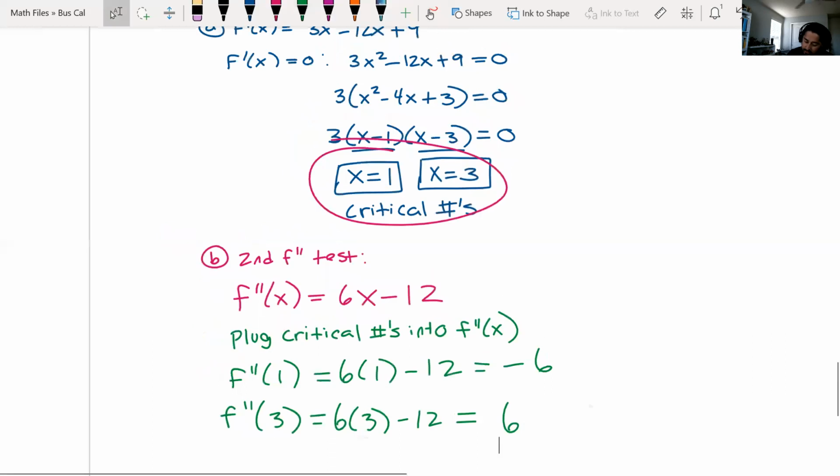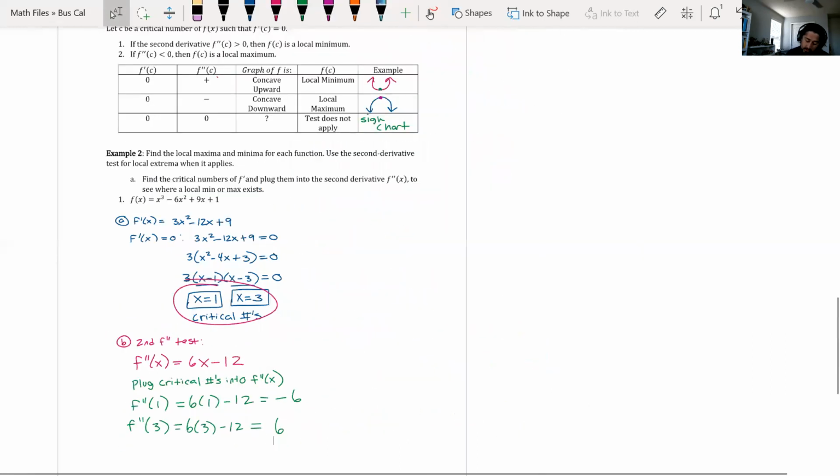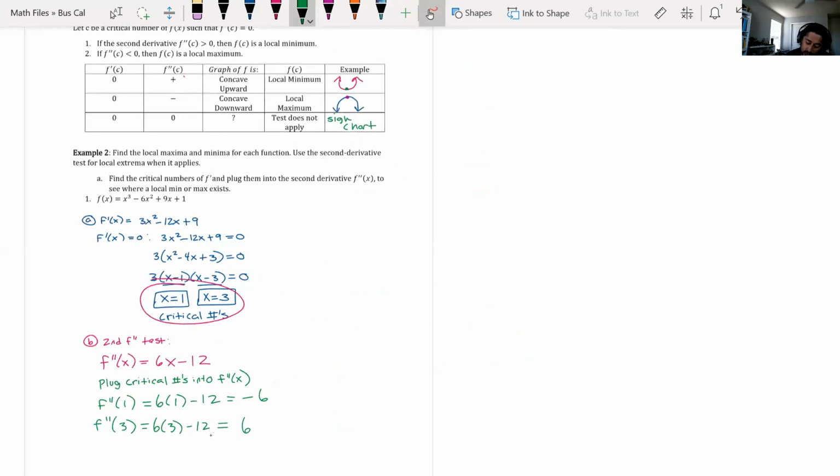So what this means by the second derivative test, for the first value, we see that the second derivative is negative at our critical number, which means the graph will be concave down and we'll have a local maximum. So this means that x equals 1 is a local max.